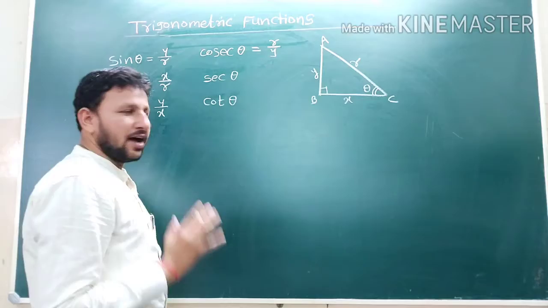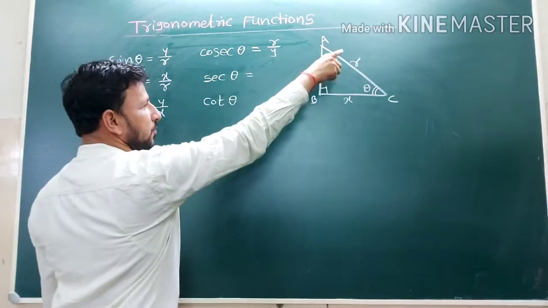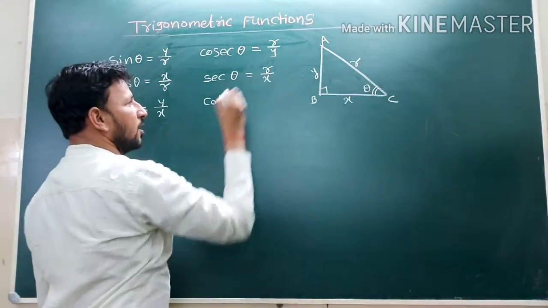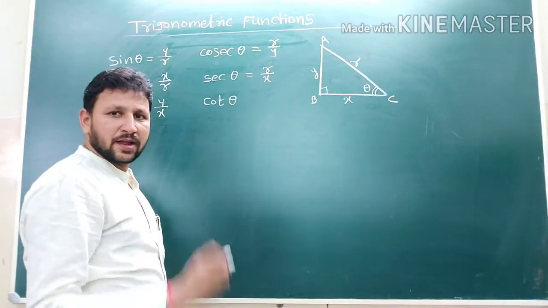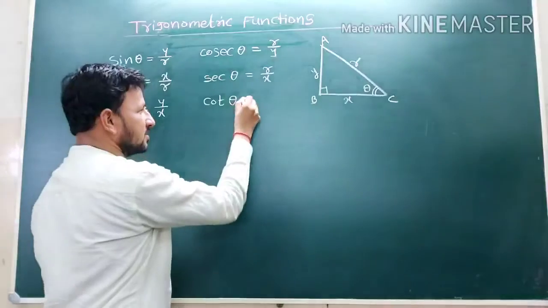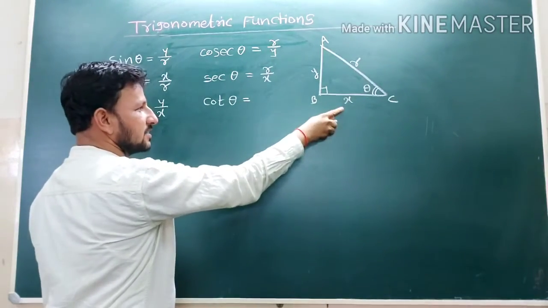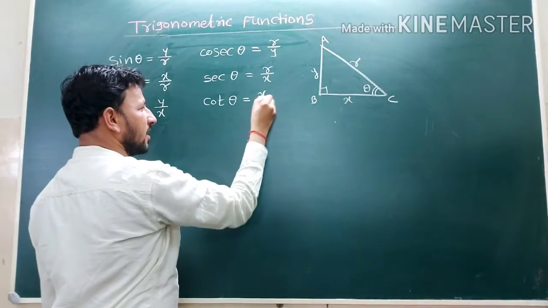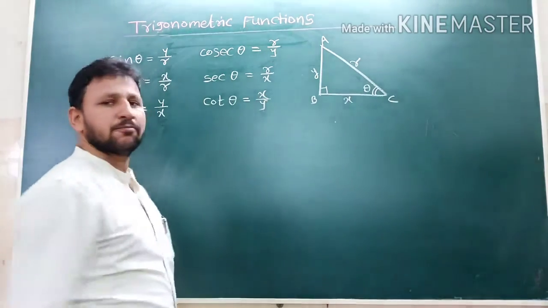Next, sec of theta is the ratio of hypotenuse to the adjacent side, r upon x. Last function, cot of theta, is the ratio of adjacent side to the opposite side, x upon y.